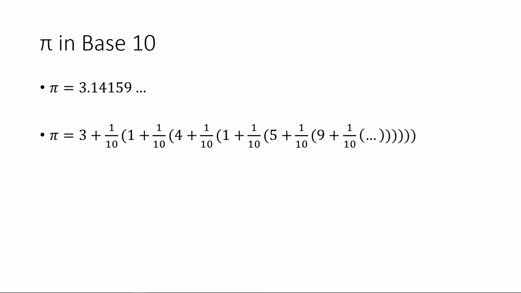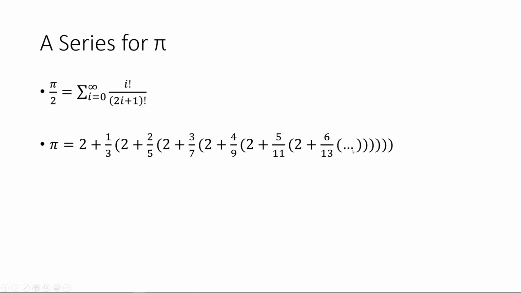I guess the insight from the authors was that if pi is this infinitely long number, we can represent it as the second formula that we see here, essentially a number in base 1/10.